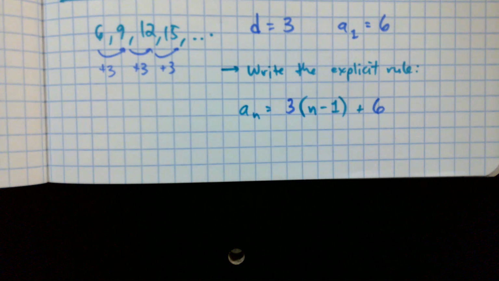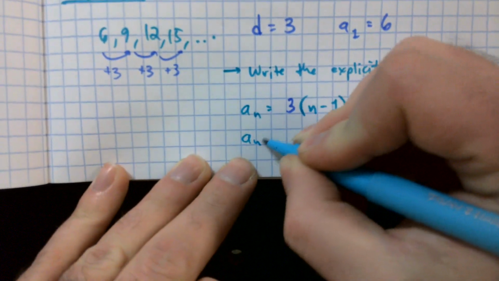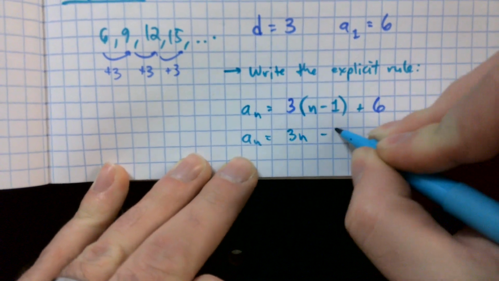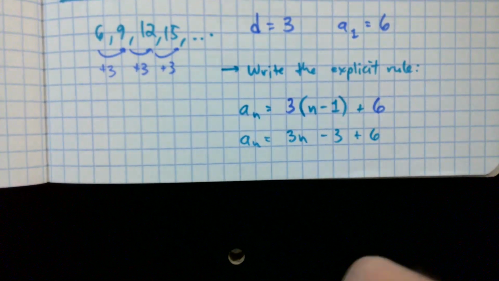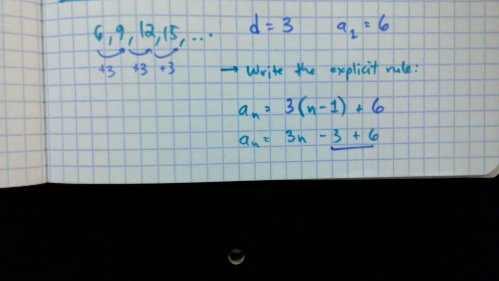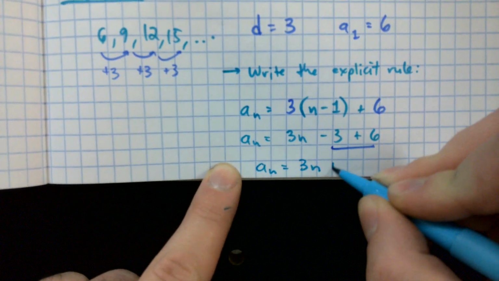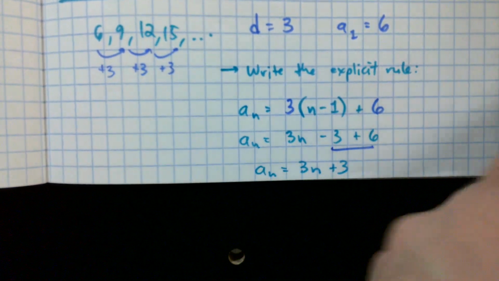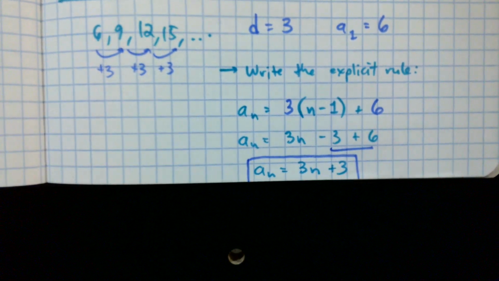If I want to simplify this, what do I have to do? Alex? Distribute the 3. Okay, so I get 3n minus 3 plus 6. What else can I do? Add 6 and negative 3. Yep, combine those like terms. I get a sub n is equal to 3n plus 3. There's my explicit rule for that arithmetic sequence.